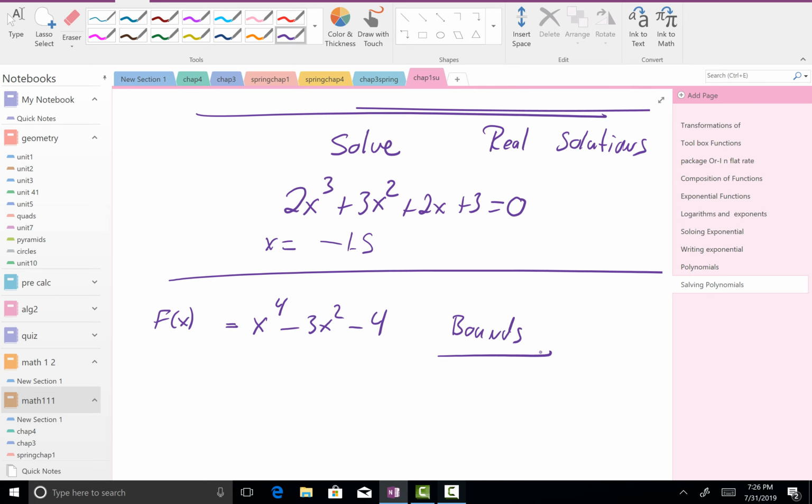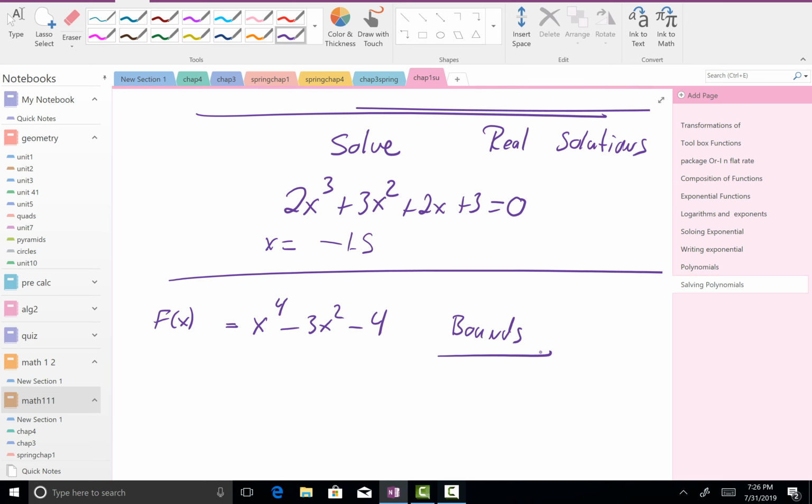So it's saying that this 2 is an upper bound, because if I divide this by 2, obviously I'm going to get a 0, but everything up here is going to be positive, so that's going to be an upper bound.